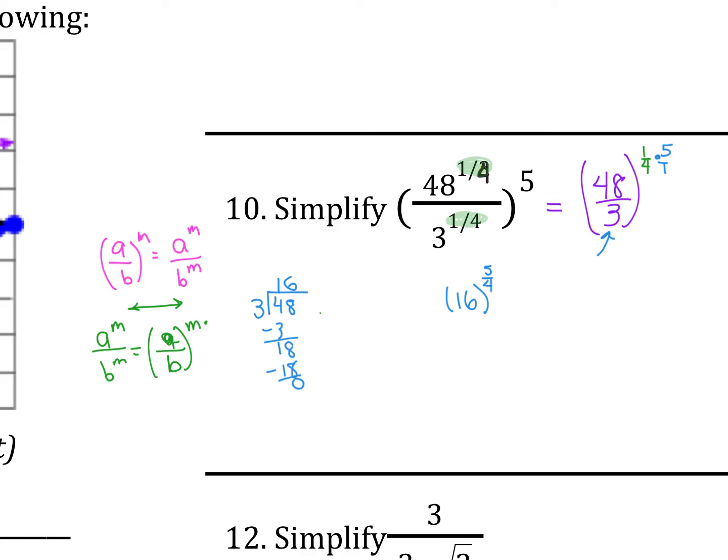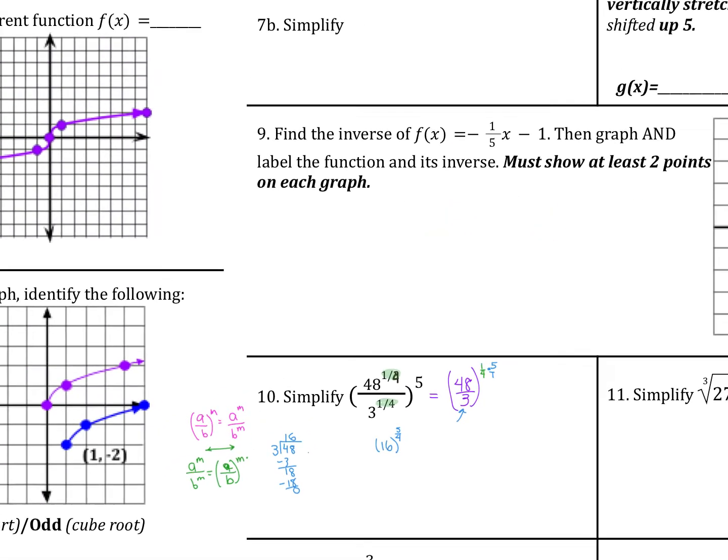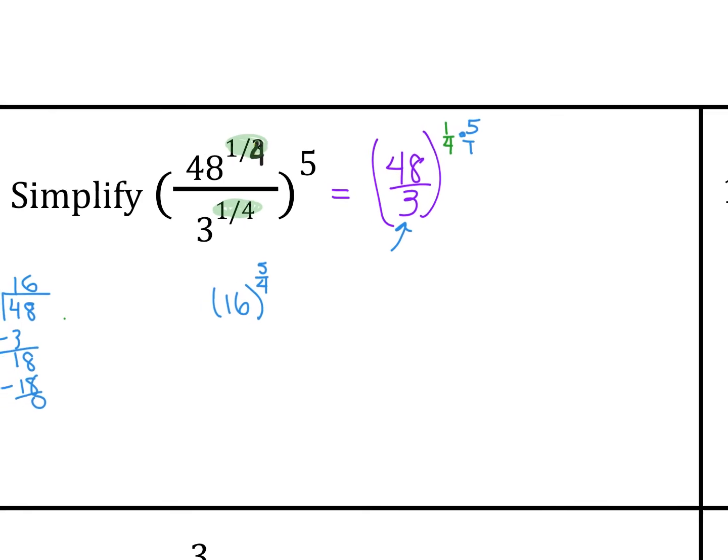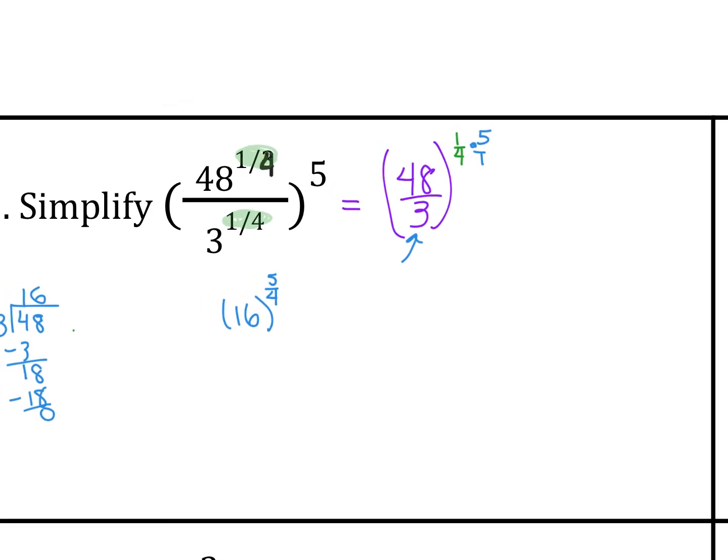We've done problems like these. This is like example 7a: you rewrite it as an nth root to help you evaluate it. Remember that the number in the denominator is the nth root, so it's the 4th root of 16, and the 5 stays at the top.